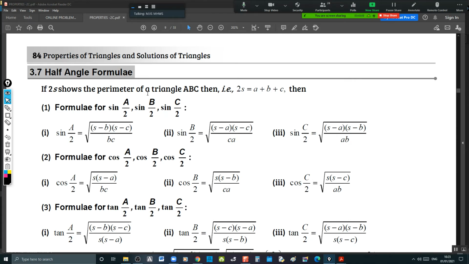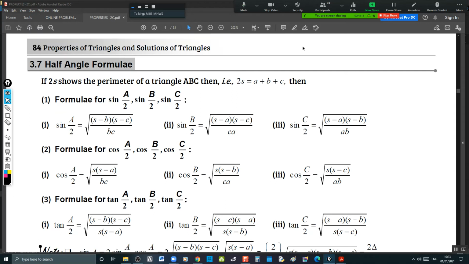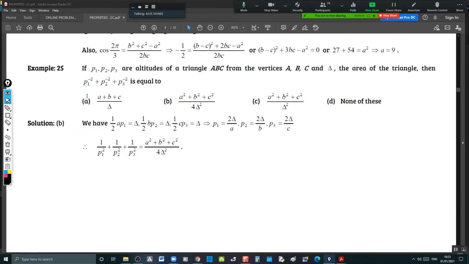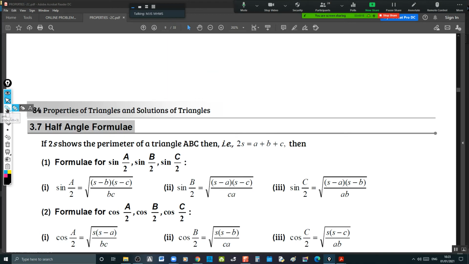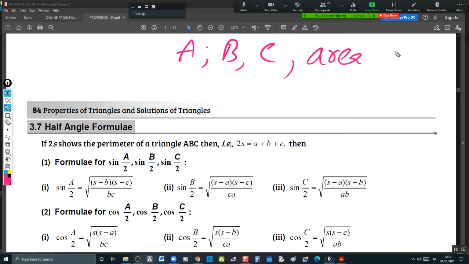And one more thing I have forgotten to discuss: whenever three angles of a triangle are given, you cannot find the area. Area cannot be found out.